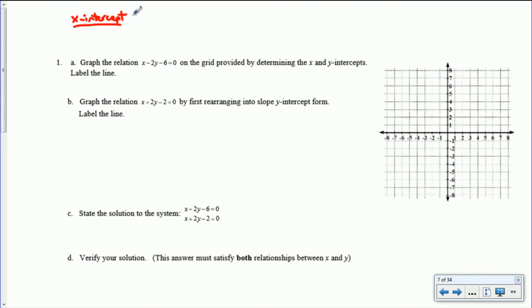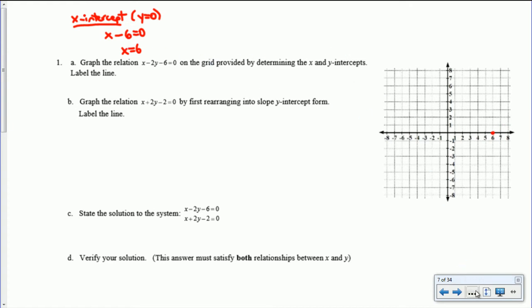The x-intercept happens when y equals 0, so we can just put y equals 0 here and figure out what x should be. So it'll be x minus 0, so 2 times 0 is 0, and then minus 6 equals 0. So x equals 6.